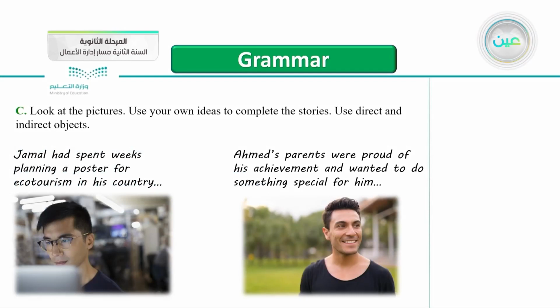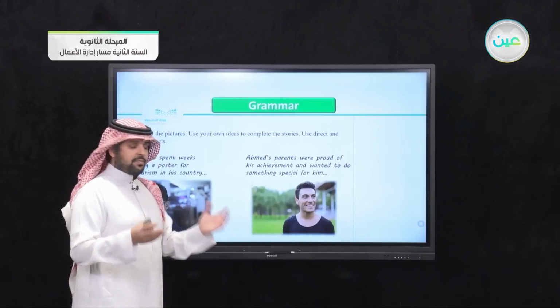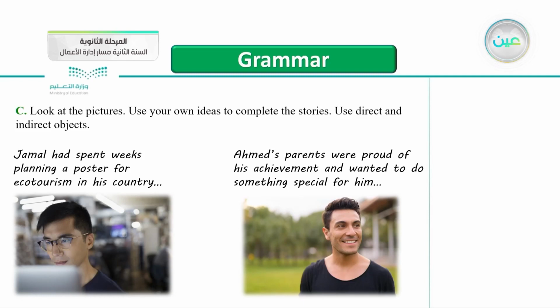And here, exercise C, look at the pictures. Use your own ideas to complete the stories. Use direct and indirect objects. So you have to make up a story from the pictures here. We have Jamal and Ahmed. Jamal had spent weeks planning for a poster for ecotourism in his country. So try to make up a story about Jamal making a poster about ecotourism, and remember to use direct and indirect objects.